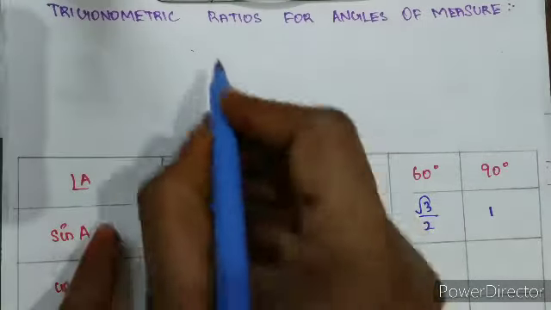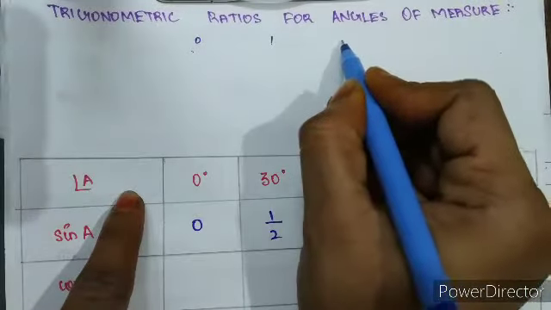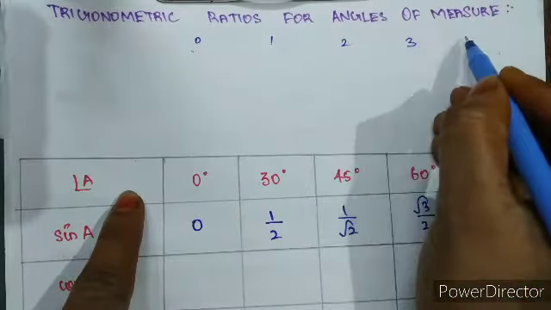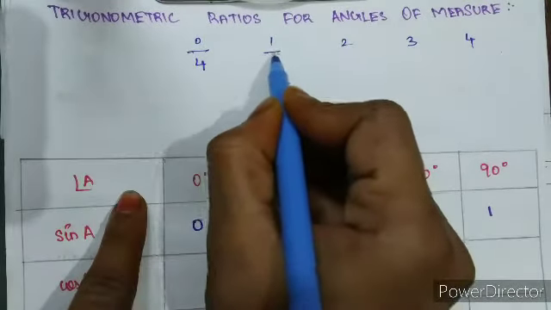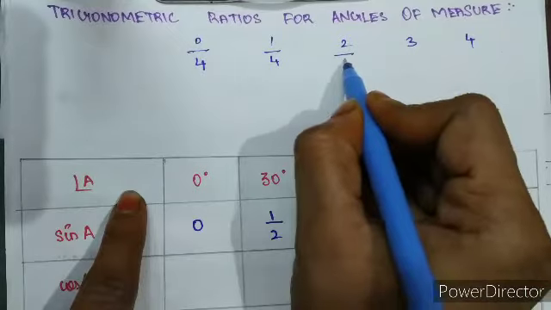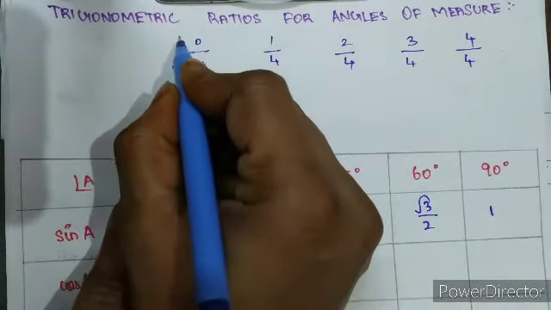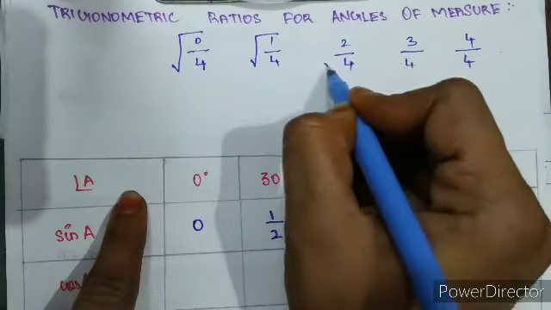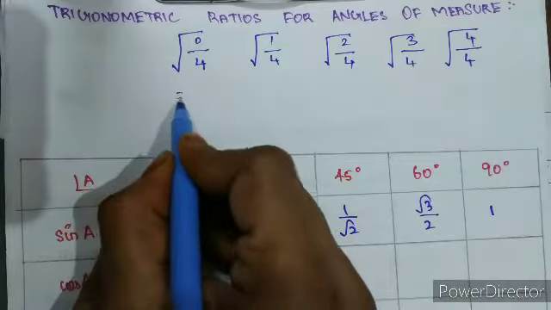I'm numbering these angles as 0, 1, 2, 3, 4. And now I'm going to divide each of these by 4. And then I'm going to apply the square root to the values. I'm writing the steps so that we can easily get the values.